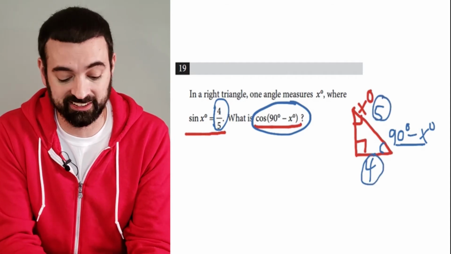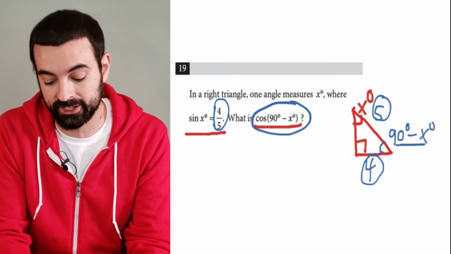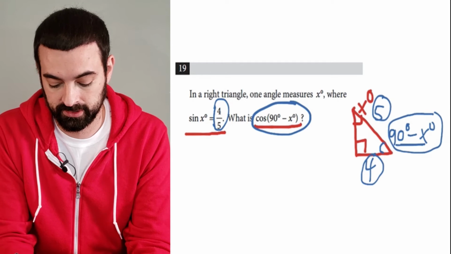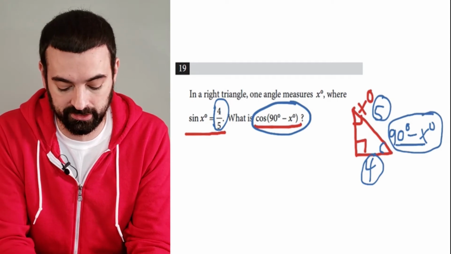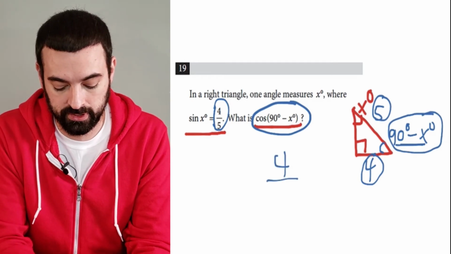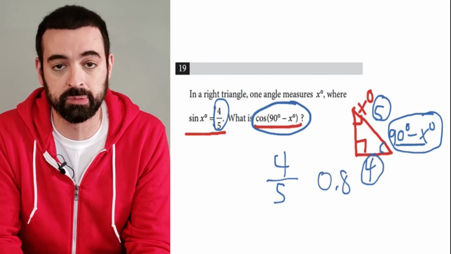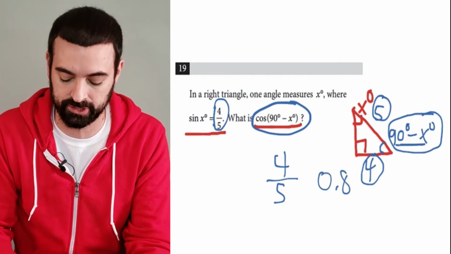So the opposite side of x is equal to the adjacent side of the other angle. Either way, your answer is 4 over 5 or 0.8. You could bubble in either for this particular section. When I say you can bubble in either, they will accept either the fraction form of the answer, 4 over 5, or the decimal form of the answer, 0.8. Either one works, just get it right.